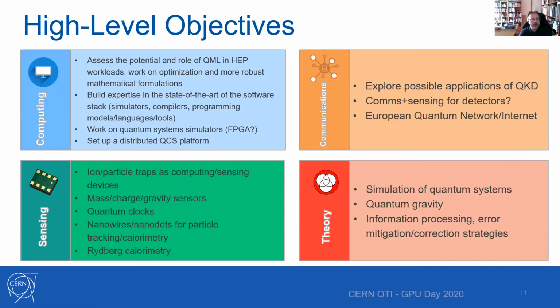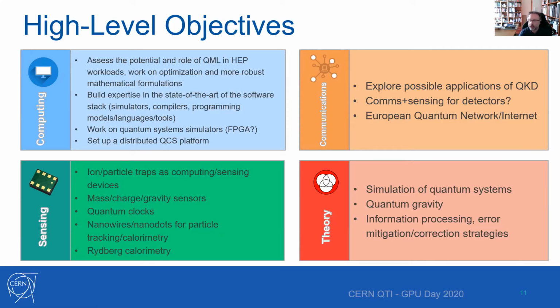Now we are organizing a number of brainstorm events and discussions to go into more detail and understand what the priority projects are that CERN should support, should take part in, and how to do this in collaboration with the other national and international initiatives.